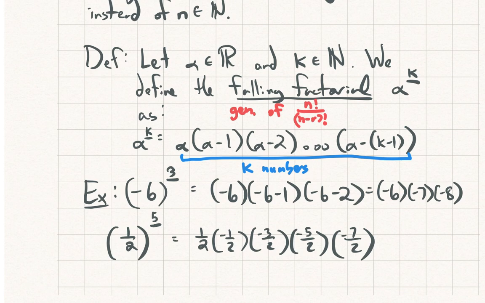And 1/2 falling factorial 5 is a half times a half minus 1, so minus a half, times a half minus 2, so minus 3 halves, times minus 5 halves, times minus 7 halves. So 5 numbers in a row that all differ by 1. So that's how the falling factorial works.